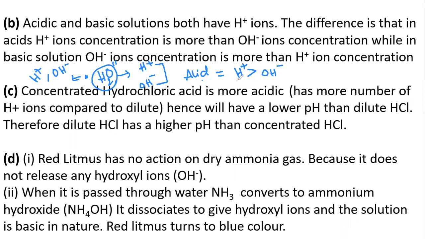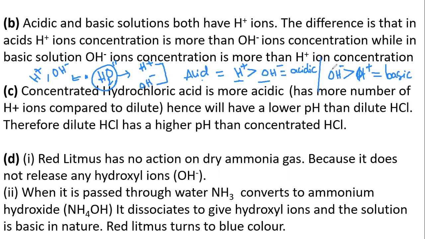If H plus ions are greater than OH minus ions, that solution is an acidic solution. Instead, if OH minus ions are greater than H plus ions, that is called a basic solution.